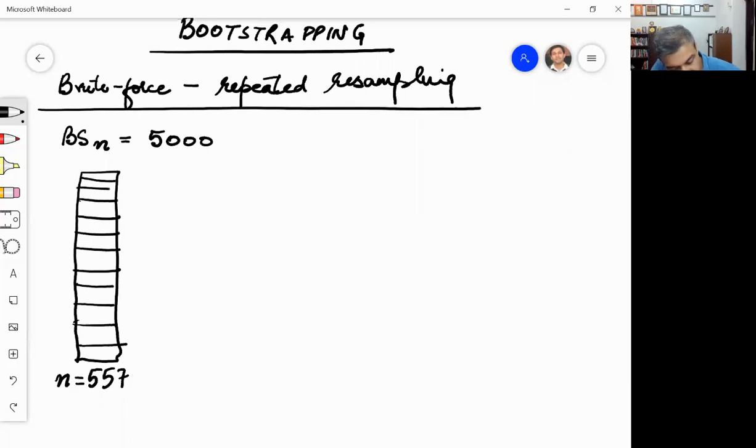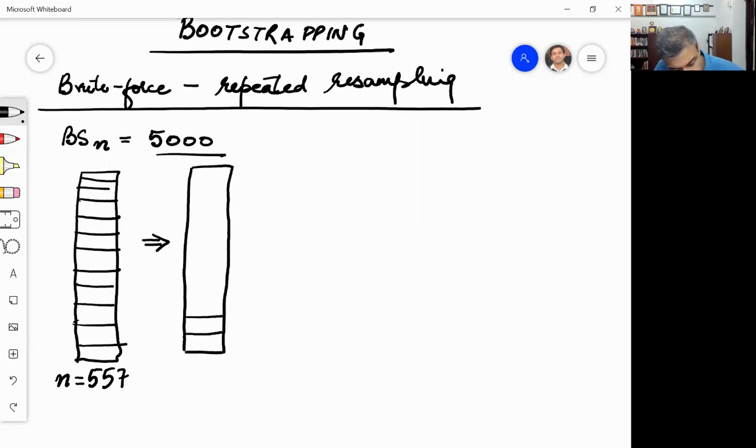Okay, this was the original sample. Now, what the software does is it creates 5,000, depending on you gave that input as 5,000. So the software is going to compute 5,000 bootstrap samples, each of the size as the original sample.